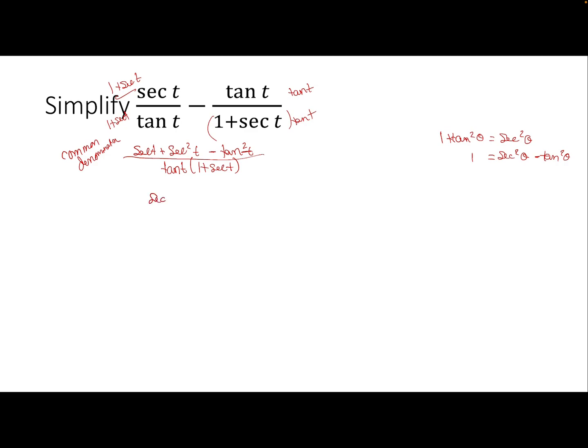So I have a secant of t plus, this is a 1, over a tangent of t times 1 plus the secant of t, by using a Pythagorean identity.